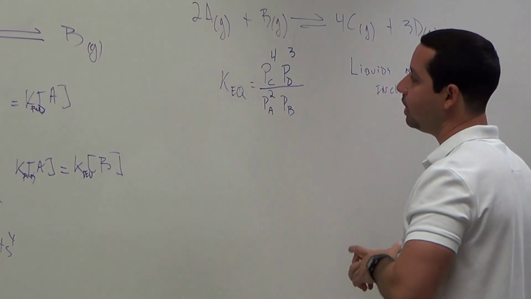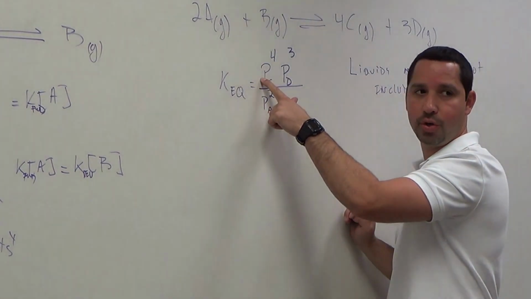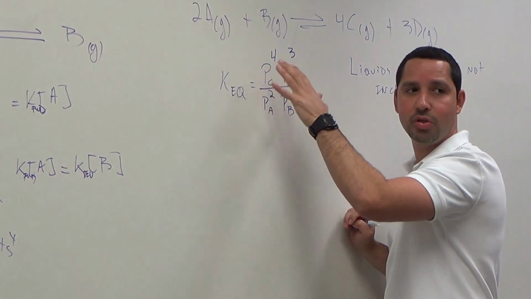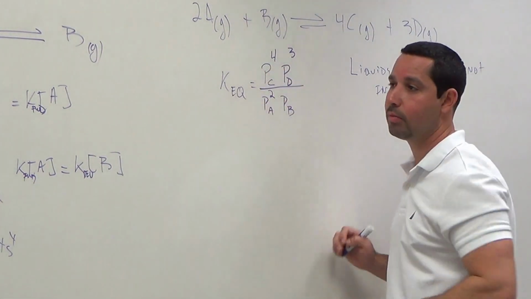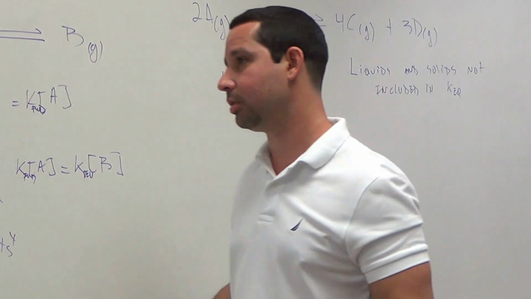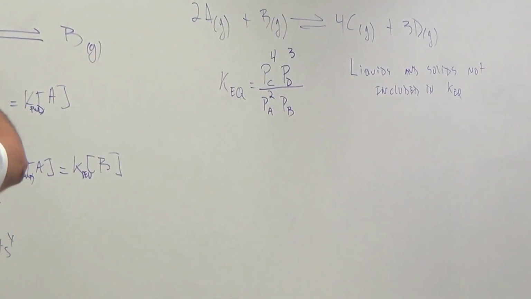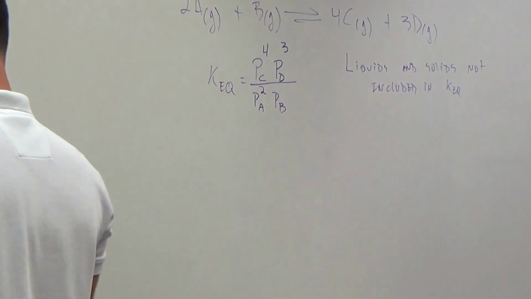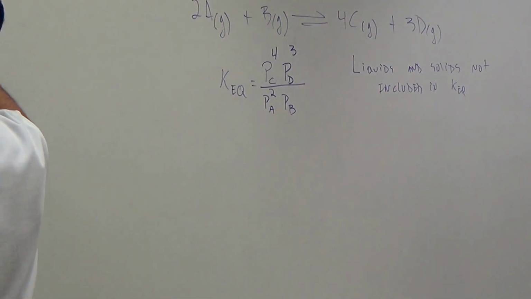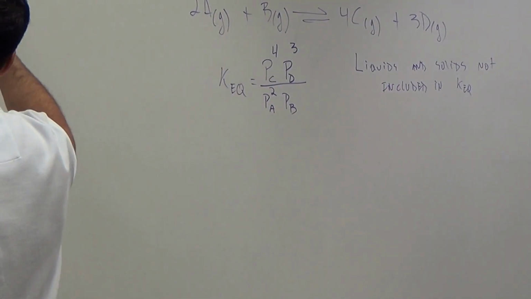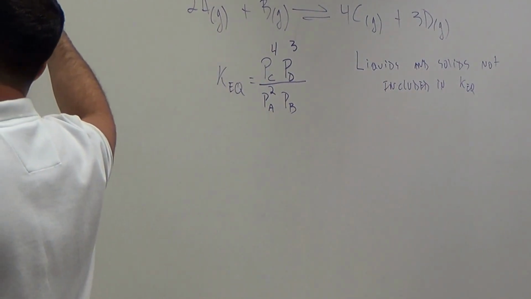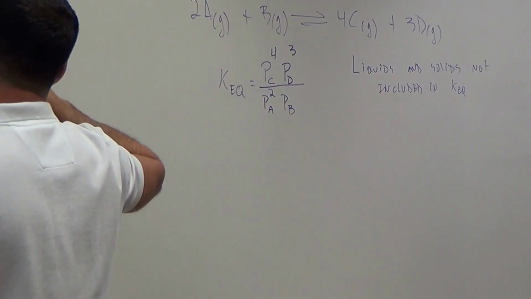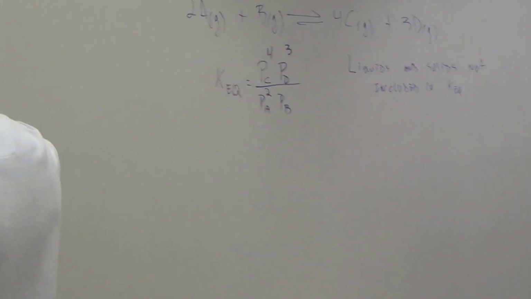Of course, if we have things in aq, we're not going to put the pressure, yes? We're going to put the concentration, okay? And the concentrations are in brackets. And let's say I have this equilibrium constant. By the way, write this down.